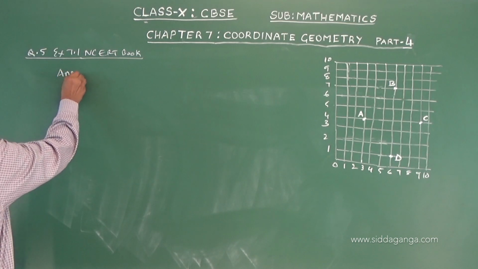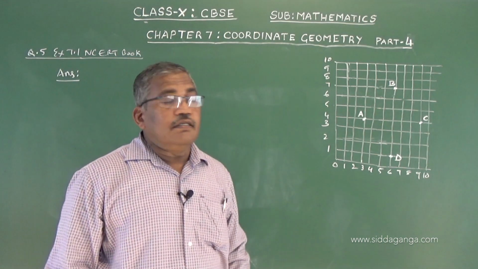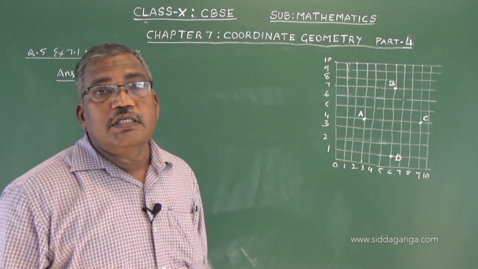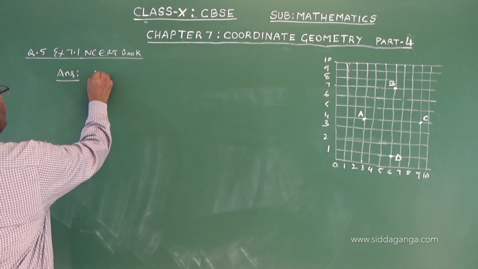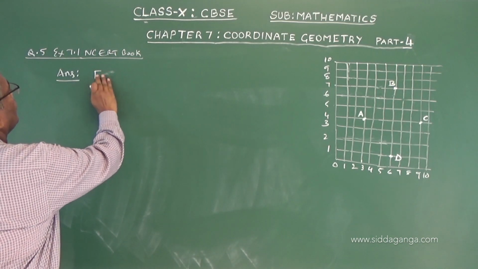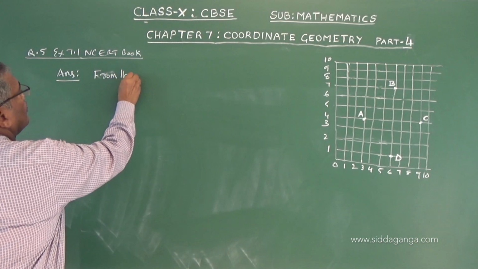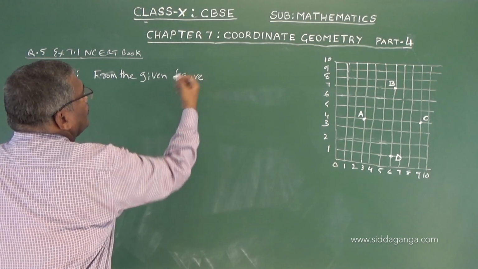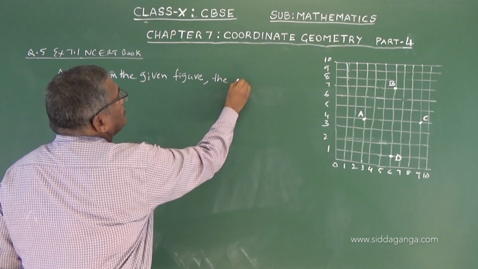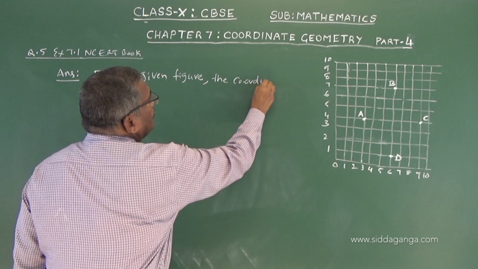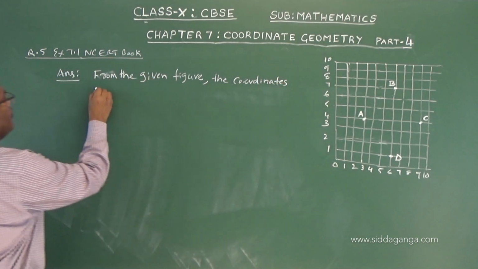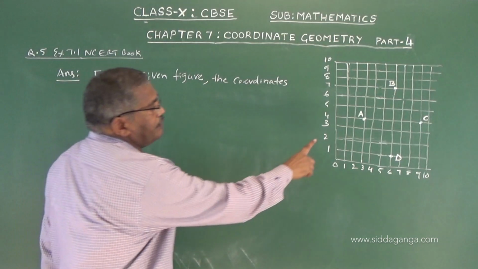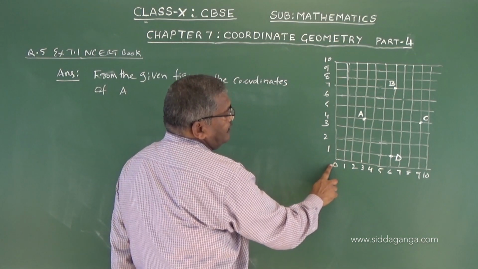Answer. First thing you should do is, from the given diagram, take out the coordinates of each position A, B, C, D. From the given figure, the coordinates of A: you can see here this is A, and this is the origin.